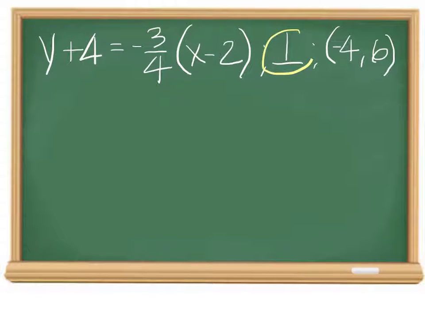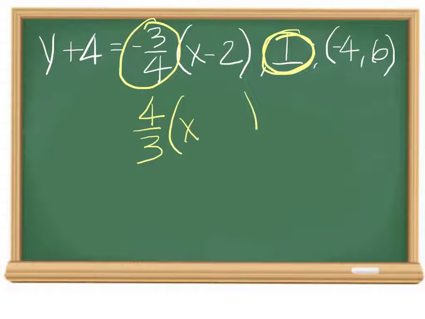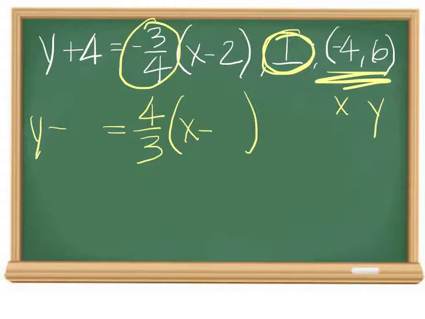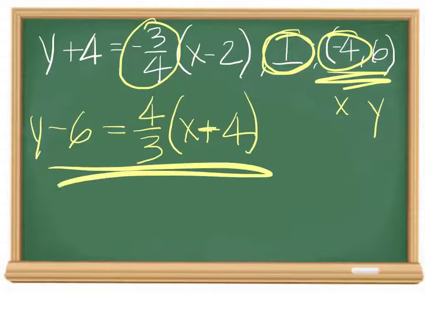We're looking for a perpendicular line, so we have to find the negative reciprocal of this slope, which will be 4/3. Plug in the point. That's x, y. Y is 6, so it stays -6 in the formula. And x is -4, so this goes to +4. This is your answer.